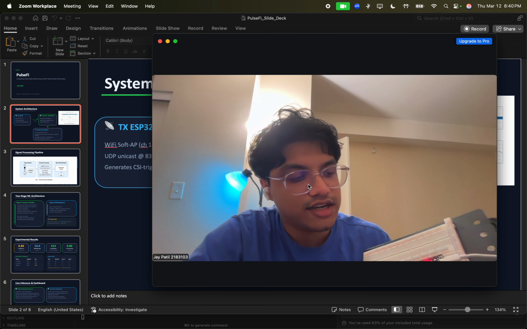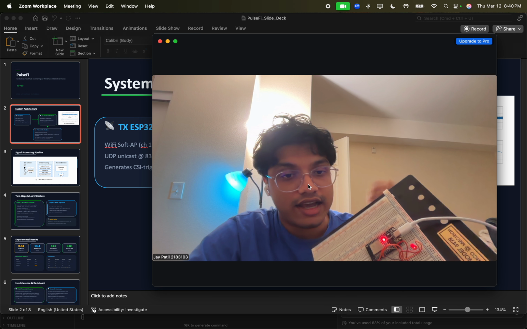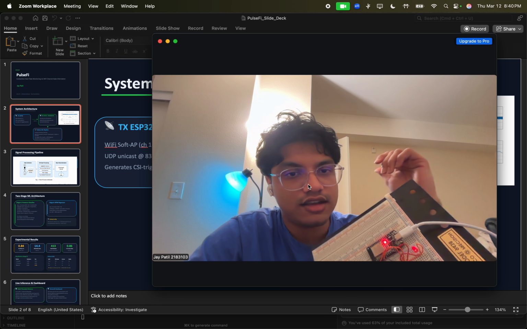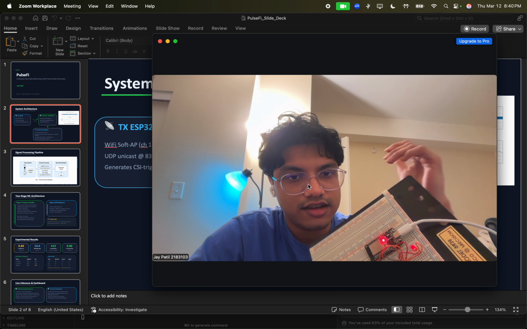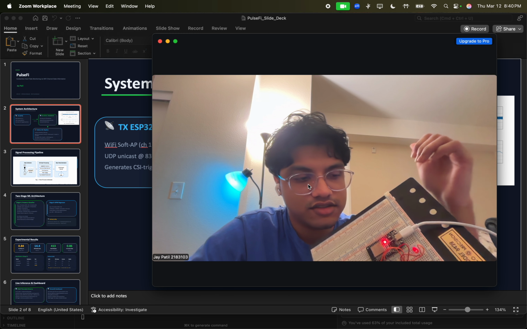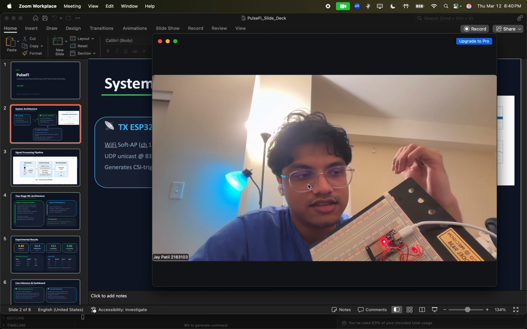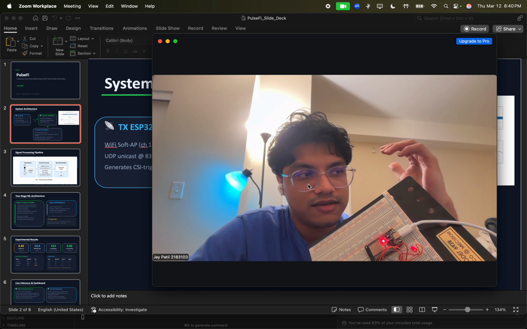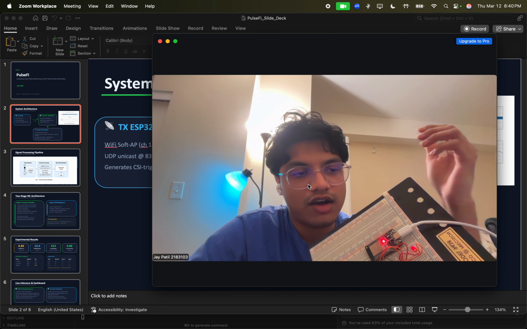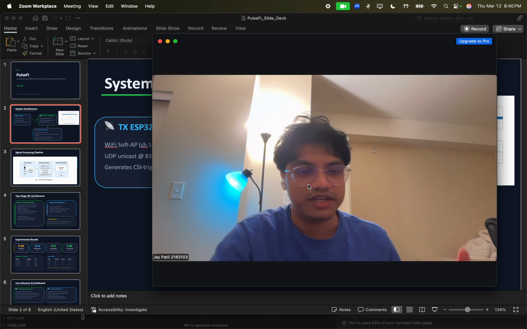In the paper, they didn't do a live inference of a person. They collected the data set and then ran it later. So what I'm attempting here is to get some live output of what a person's heartbeat would be.